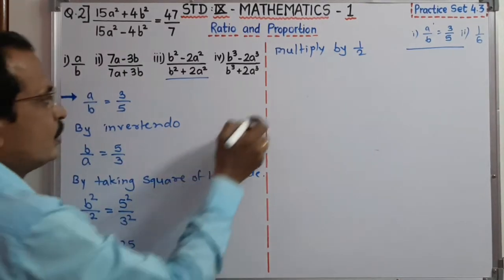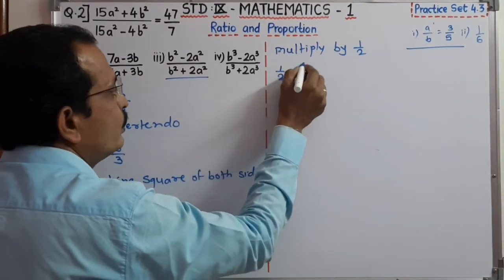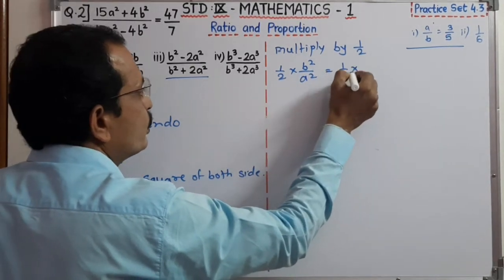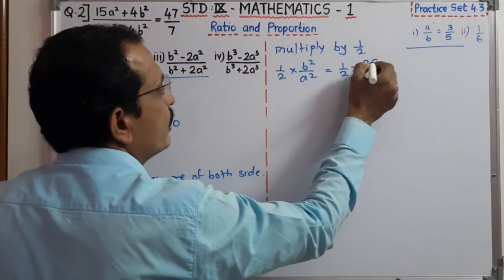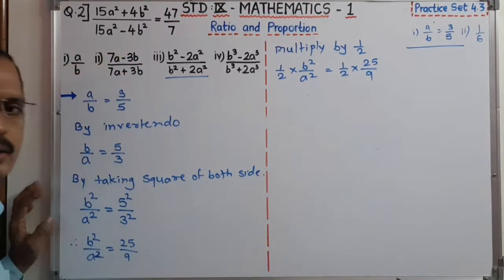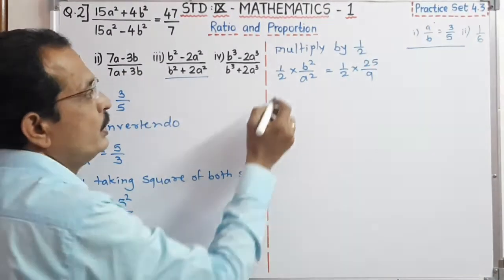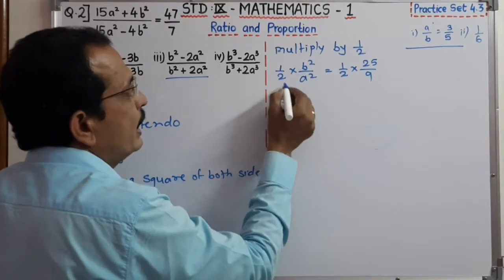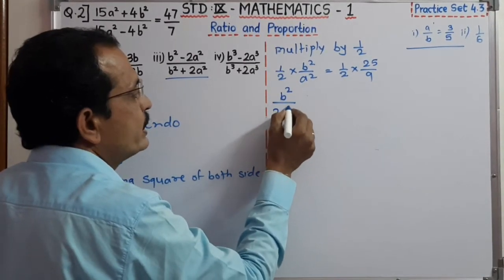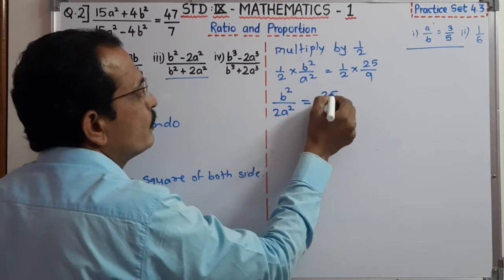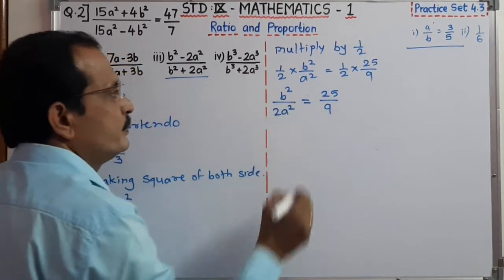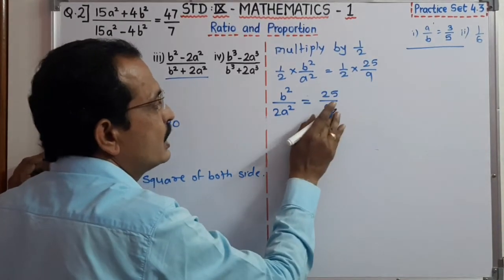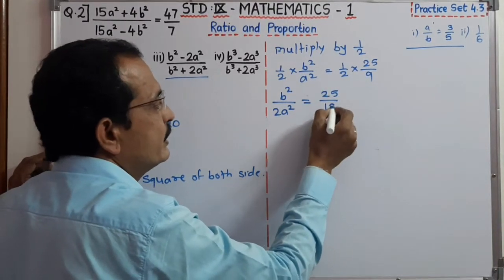See, dear student, 1 upon 2 into b square upon a square is equal to 1 upon 2 into 25 upon 9. Now, dear students, what we have to do? We have to multiply b square into 1, it is b square, and 2 into a square, that is 2a square, is equal to 25 upon 9. 25 1s are 25 and 9 2s are, dear student, it is 18.